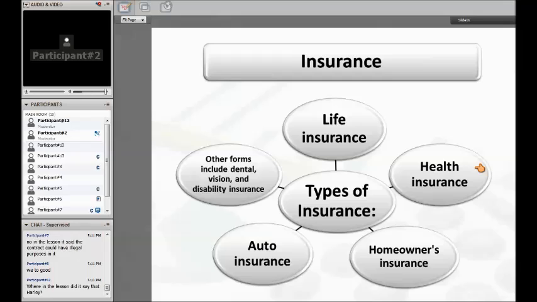Health insurance will cover you in the event of an illness or hospitalization, an injury, anything like that. So it's very important because medical bills are very, very expensive. So you'll pay a premium each month, but say you had an emergency operation and that would be very expensive. Your health insurance would cover a portion of that.